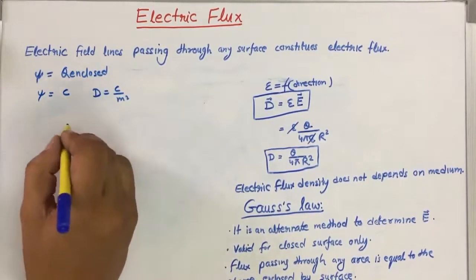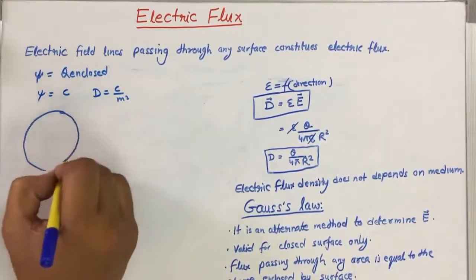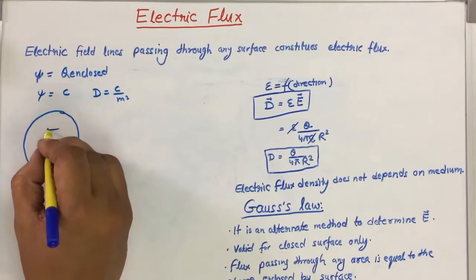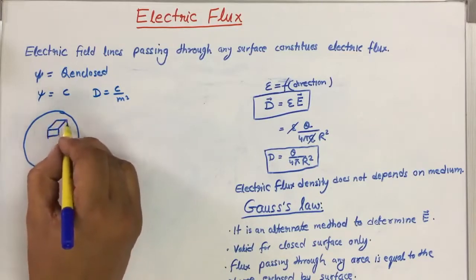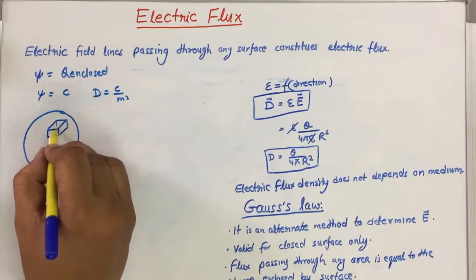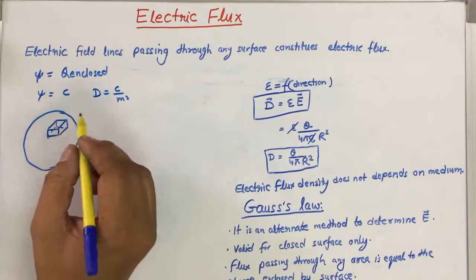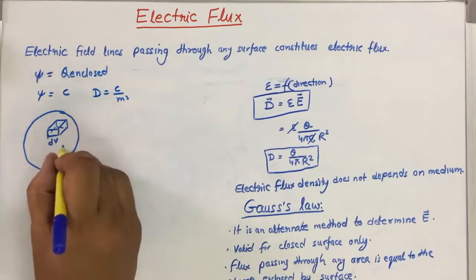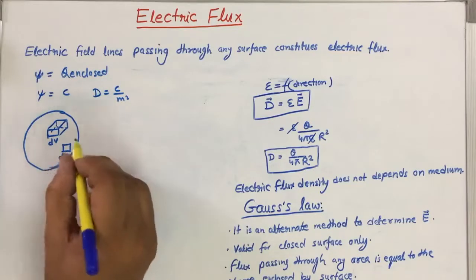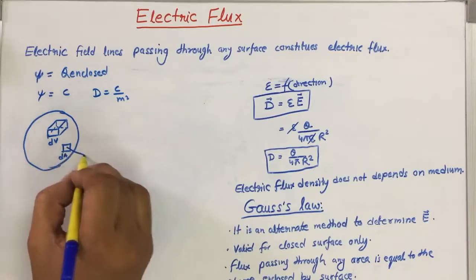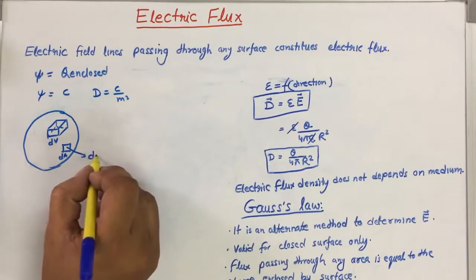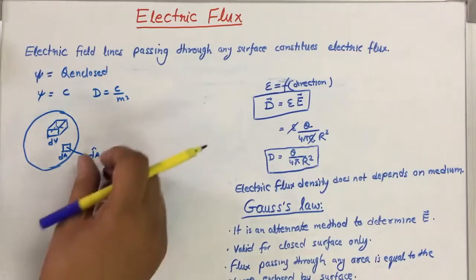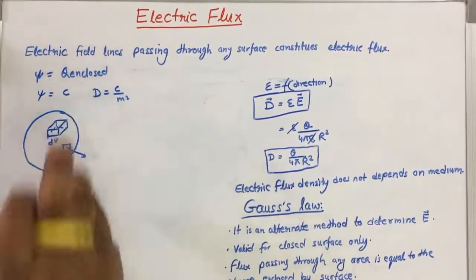Now consider a case where a spherical body is there, and this is the partial volume of the object, and consider a portion that is dA. The normal vector to this will be this dA, it should be a_n, by the way.